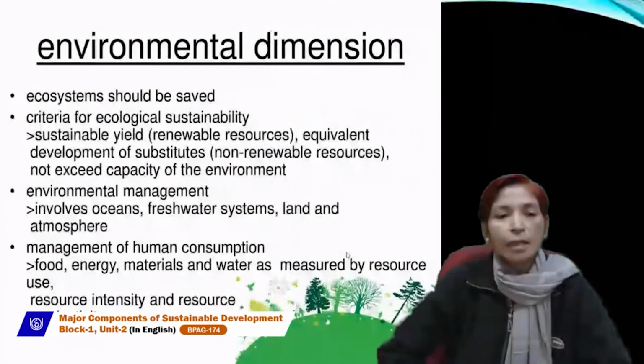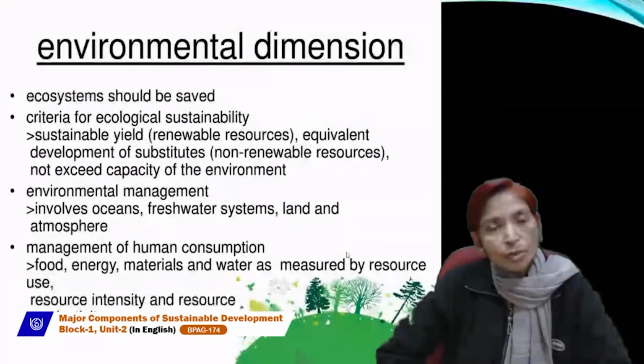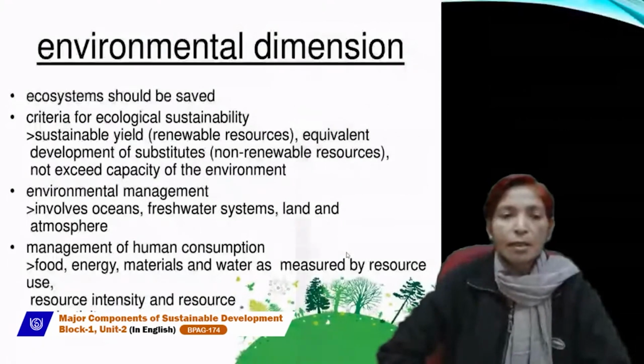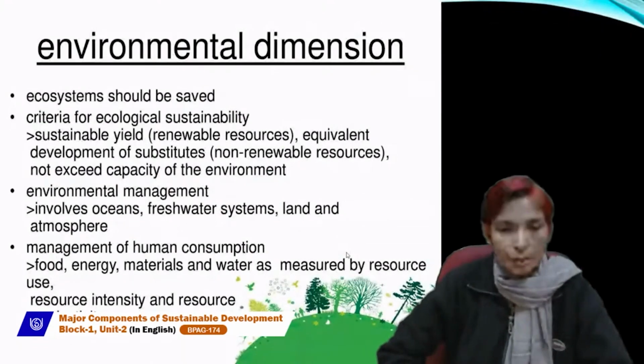As the population is increasing, we should use more renewable resources. Renewable resources are those which we can regenerate or renew for future generations' use also. In the development of substitutes, we should find substitutes for non-renewable resources and not exceed the capacity of the environment.